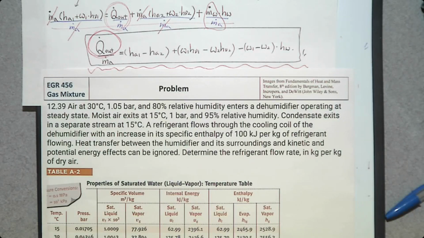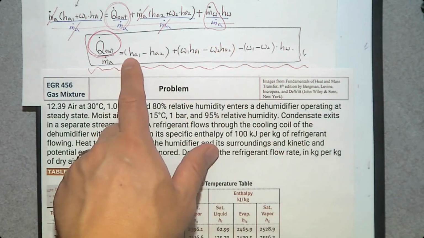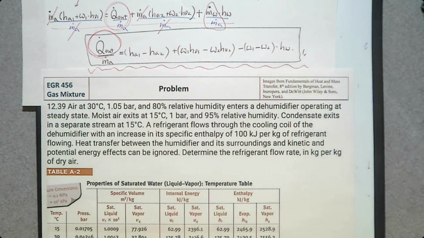So what we need to do first, we are going to determine humidity ratio, omega 1 and omega 2. What about this HA and HA at the inlet and HA at the exit?